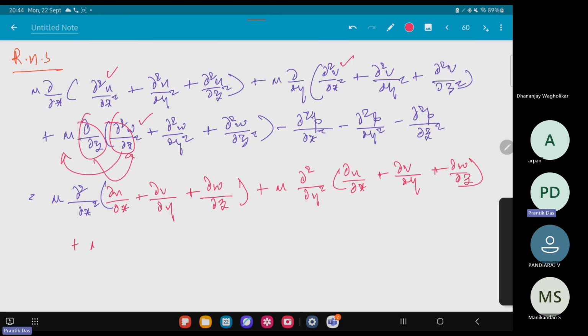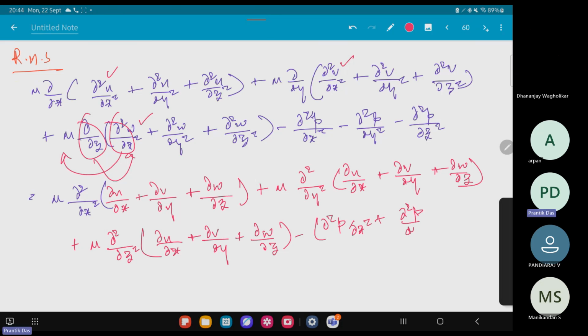Similarly, plus mu of del square/del z square multiplied by du/dx plus dv/dy plus dw/dz, minus del square p/del x square plus del square p/del y square plus del square p/del z square.